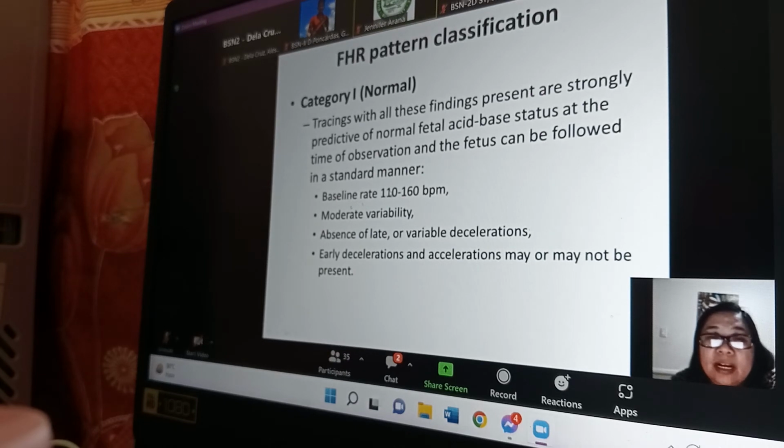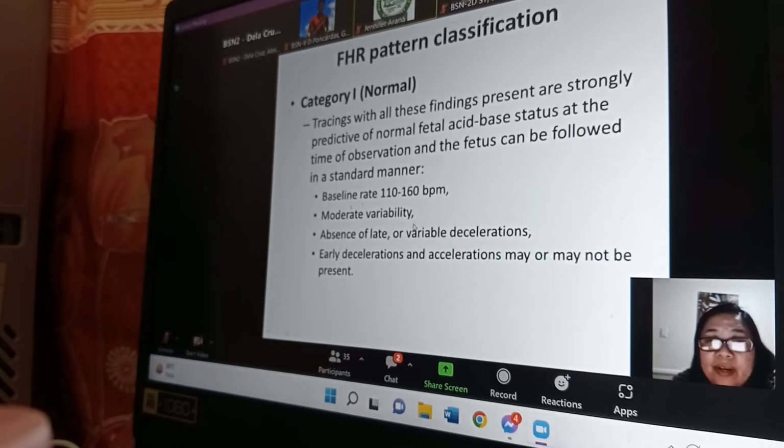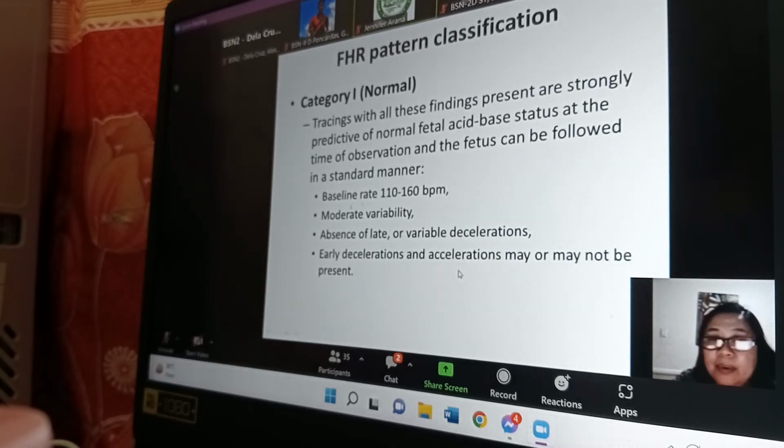Description, characteristic sa normal or category 1 na FHR. The baseline rate is from 120 to 160 beats per minute. There is moderate variability. There is no late or variable deceleration. And early decelerations and accelerations may or may not be present.